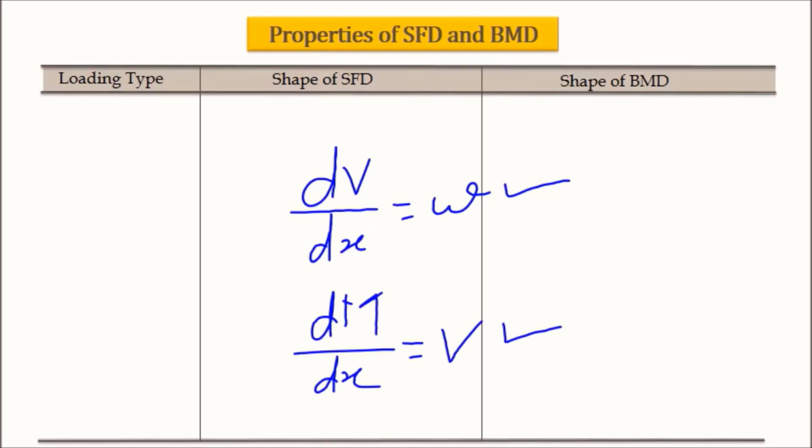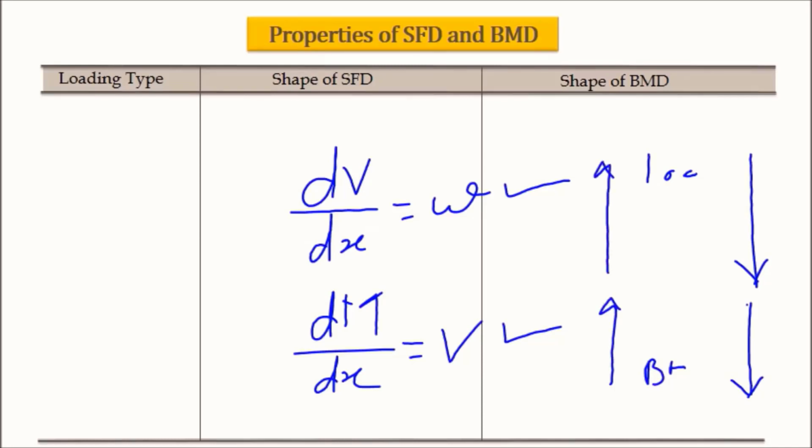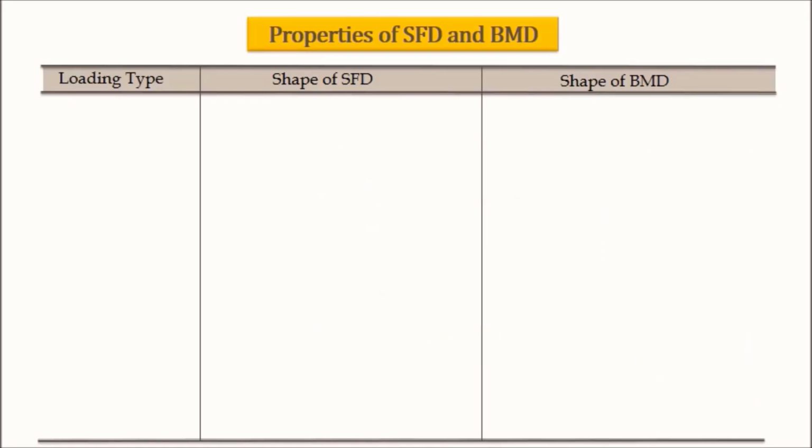Just recall that when you go from loading diagram towards SFD and then towards BMD, you integrate, and when you go from bending moment diagram towards SFD and towards loading diagram, you get derivatives. So let us have a recap on all these things.